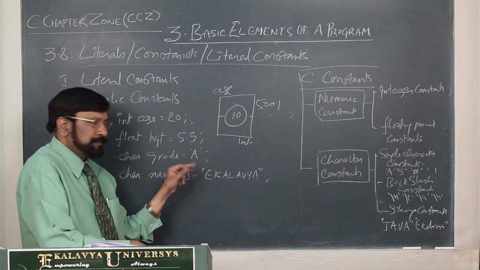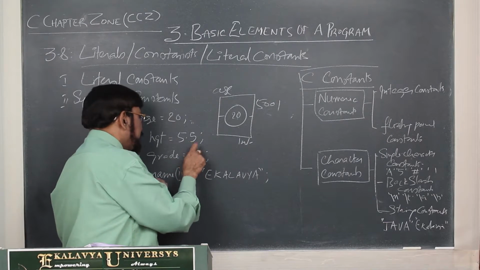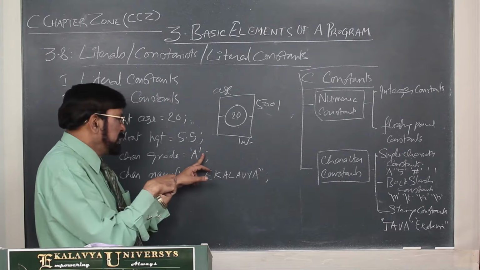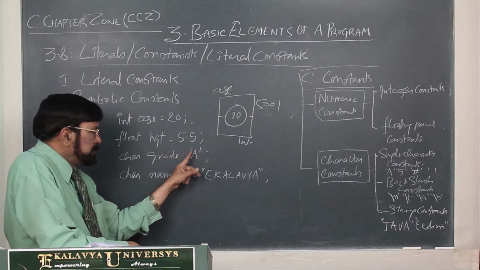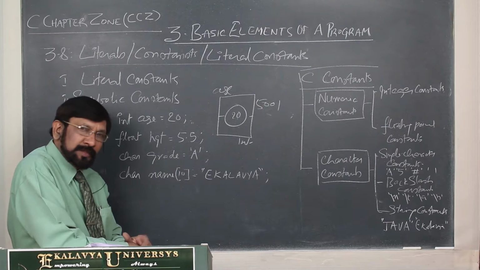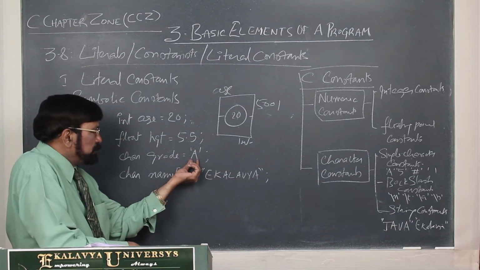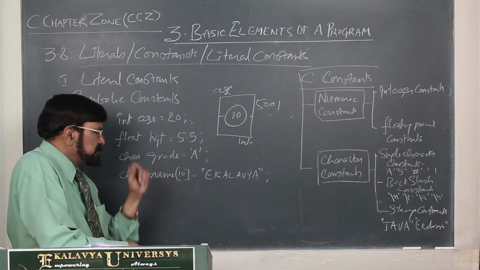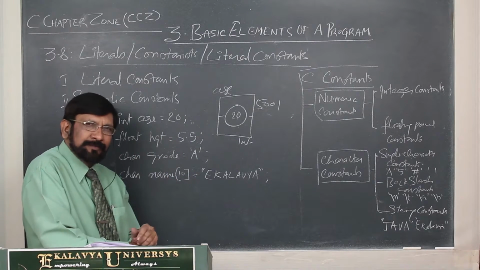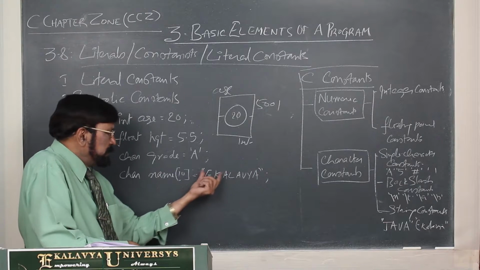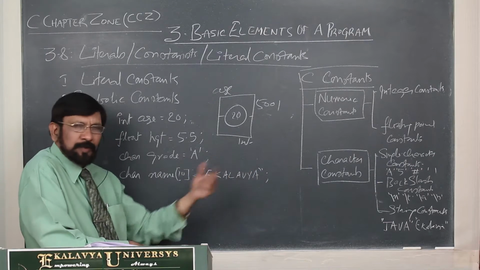And A is the character, a single character. So it should be delimited by single quotes. Otherwise its meaning is different. Then only it represents a single character. Here I already introduced a string. A string is delimited by a pair of double quotes.